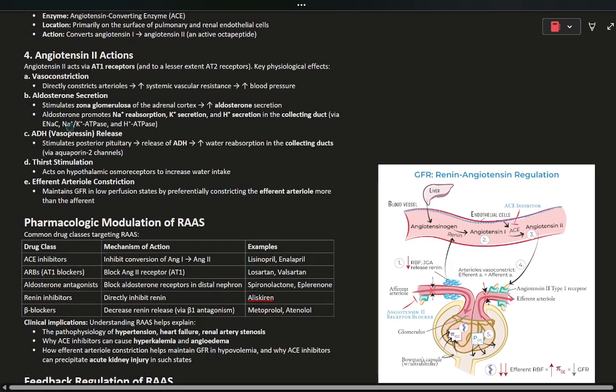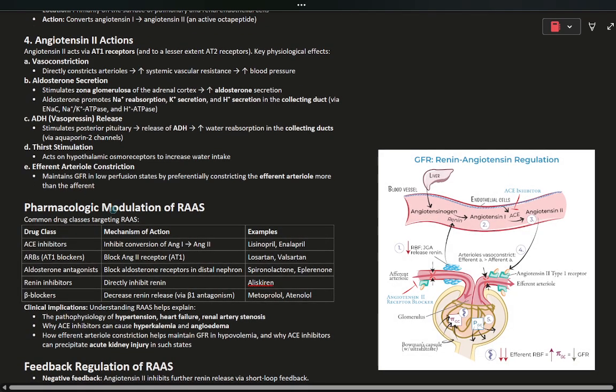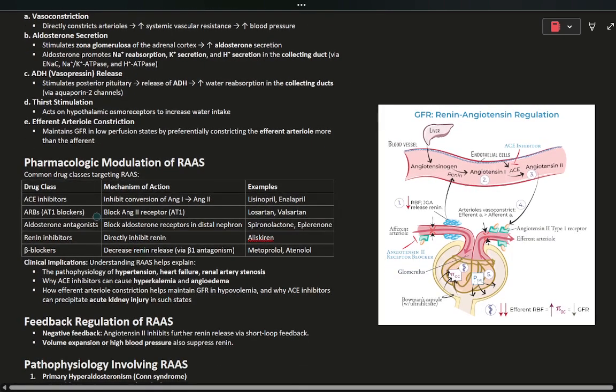So now that we know what angiotensin 2 does and its various responsibilities, let's talk about how pharmacology can be utilized to modulate the Renin-Angiotensin-Aldosterone system. So there are some common drug classes to be aware of that target the RAAS system.